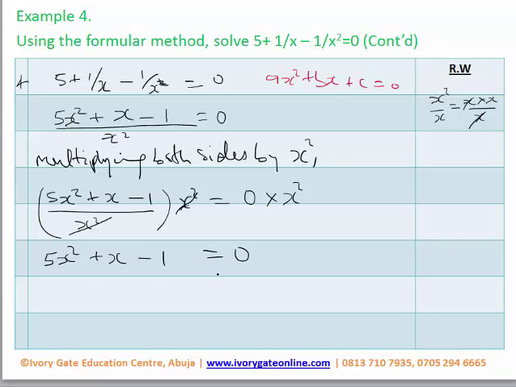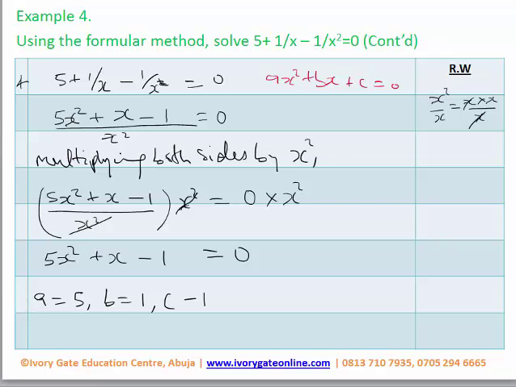Does this look familiar? Yes, because it is of this form: ax squared plus bx plus c is equal to 0. Therefore, simplifying further, we now have that a is equal to 5. Then b is what? What is the coefficient of x? 1. C is what? Minus 1.